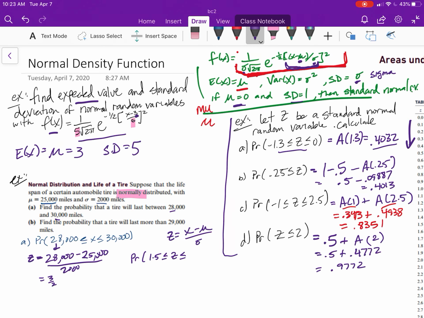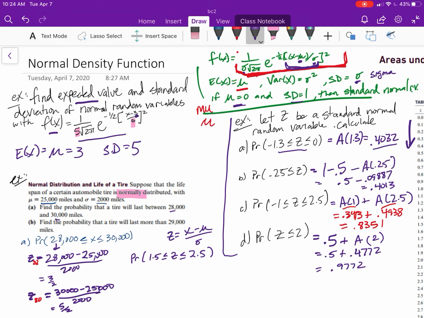Now I need to do the other z-score for 30, right? Often they'll write z sub 28 and z sub 30 to show what z-score you were finding. So now it's 30,000 minus 25,000 over 2,000. That's 5,000 over 2,000, or 5 over 2, which is 2.5.